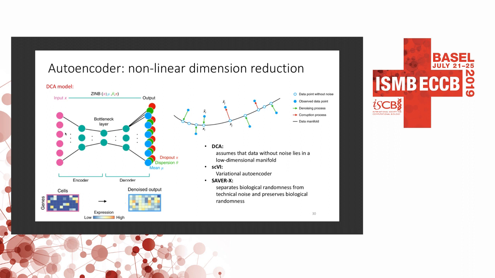You can see that they don't differ too much in terms of using the autoencoder. One thing about using the autoencoder is that these are actually very fast. If you really have millions of cells, these are deep learning methods, but not too deep. Typically it's just 3 or 4 layers.